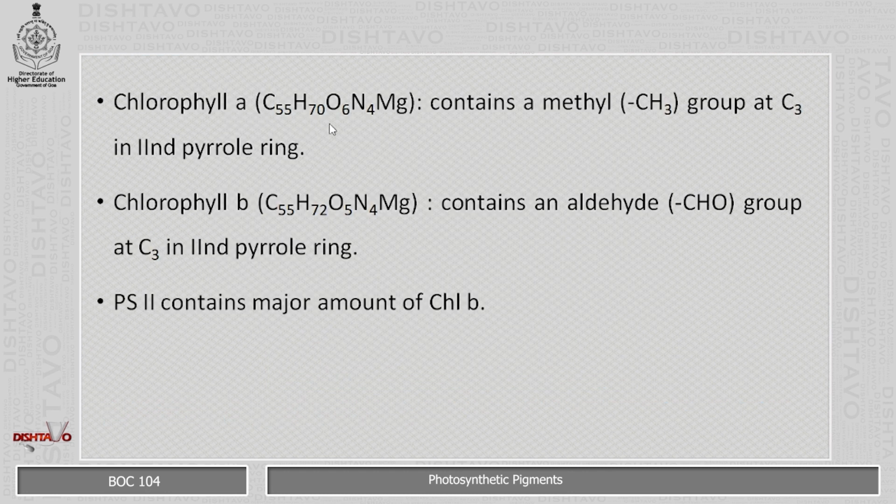This is the formula for chlorophyll A and it contains a methyl group at the C3 in the 2nd pyrrole ring. And chlorophyll B, this is the chemical formula which contains the aldehyde group or the CHO group at the C3 in the 2nd pyrrole ring. The photosystem 2 consists majorly of chlorophyll B pigment.